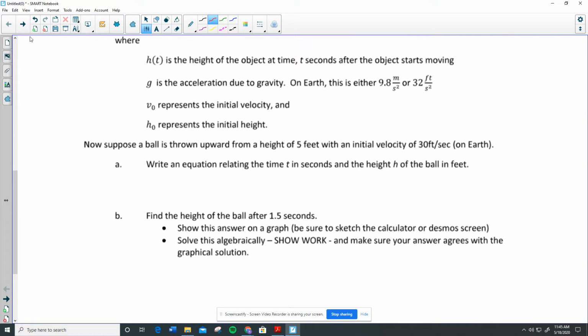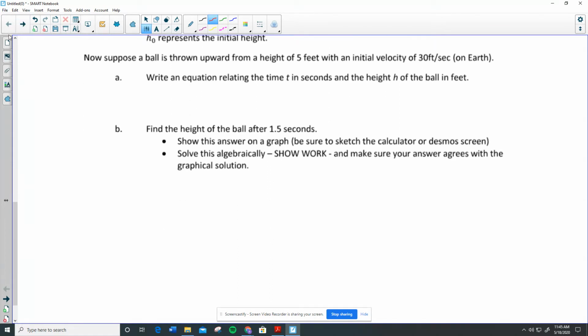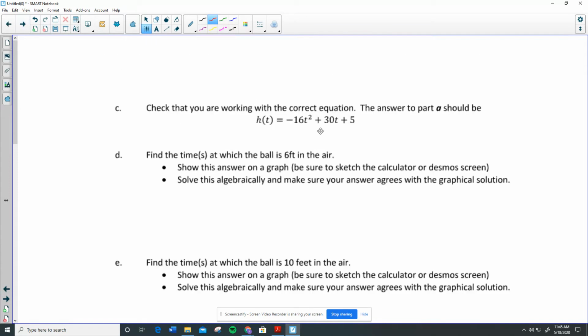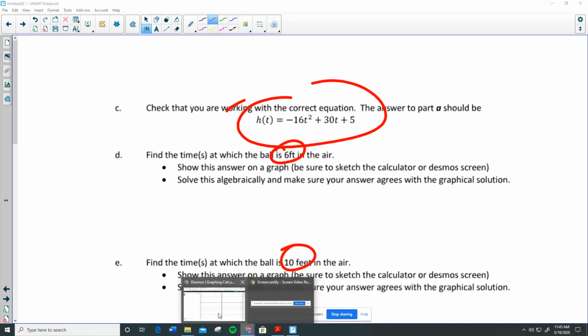Next thing I wanted to point out was, when we have this equation like we have right here, and we want to know when is the ball 6 feet in the air or when is it 10 feet in the air, I can go over to Desmos and do this very quickly, right?